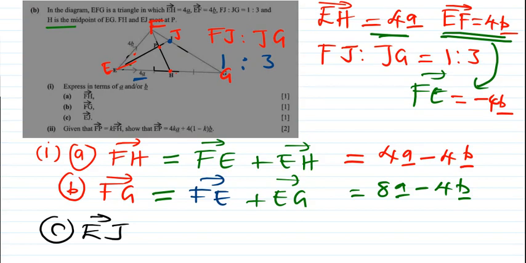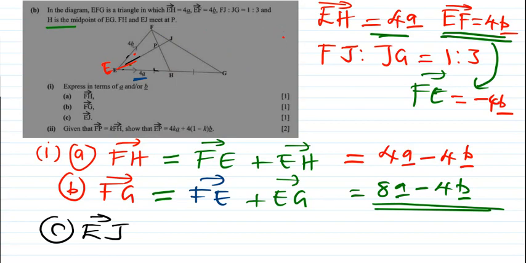We don't know these in between, FJ and JG, but we know the total distance FG, which we found earlier is 8a minus 4b. That's the total distance. I want you to pay attention there.